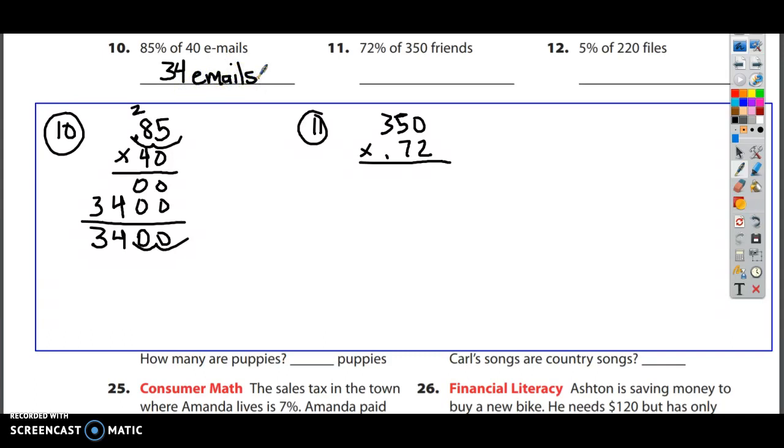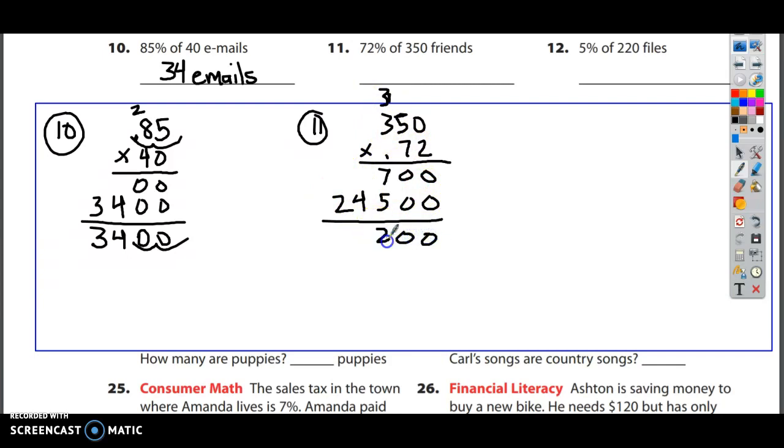Number 11, I'm going to multiply again. 2 times 0 is 0, 2 times 5 is 10, 2 times 3 is 6, plus 1 is 7. Place a 0. 7 times 0 is 0, 7 times 5 is 35, 7 times 3 is 21, plus 3 is 24.